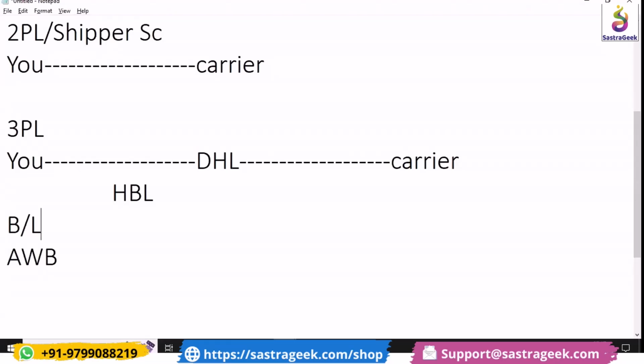It consists of the details of the contents of the goods which have been handed over to the freight forwarder or the third party logistics provider or LSP provider, whoever it is. The bill of lading is generated by them. Okay. And what does that document contain?